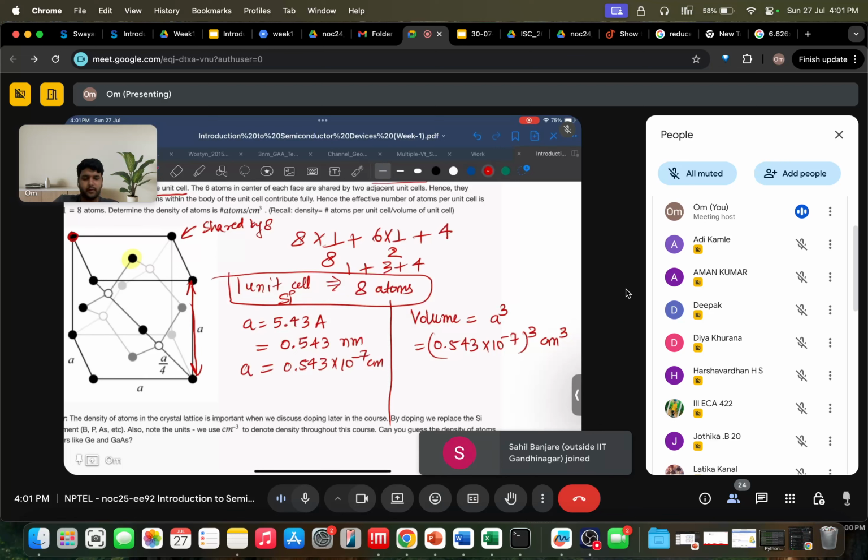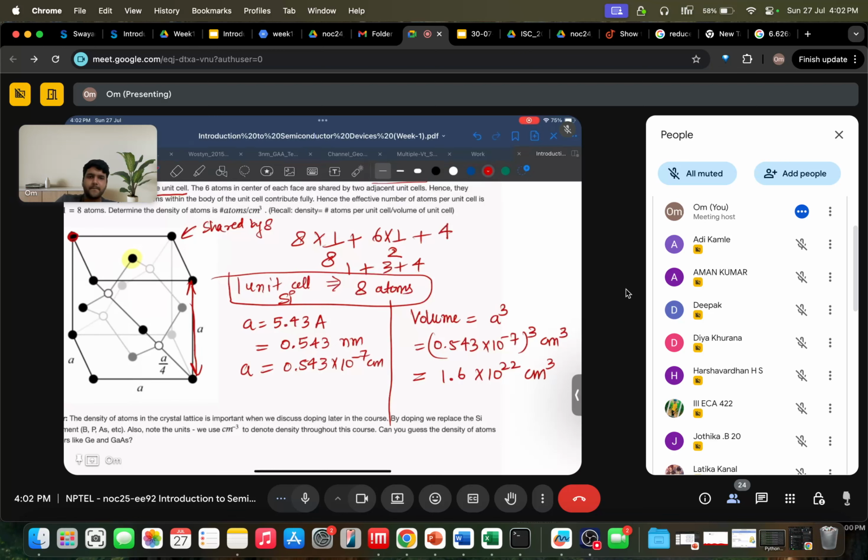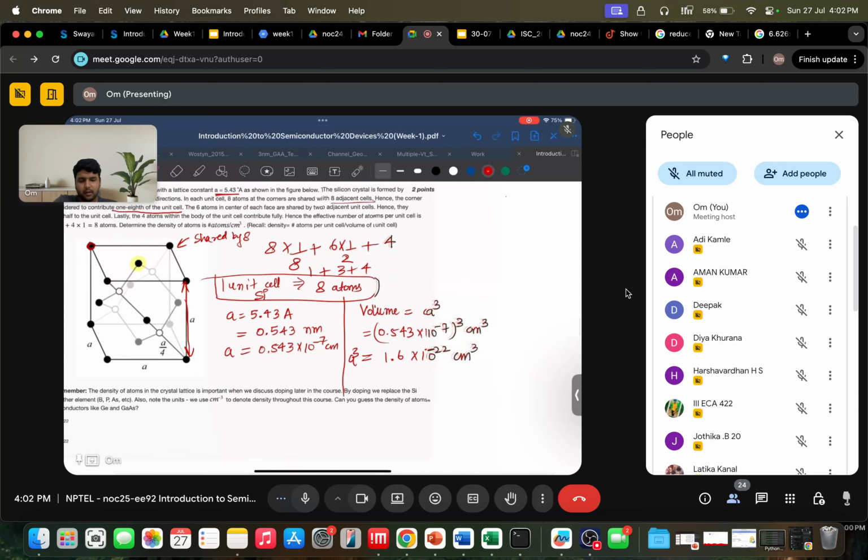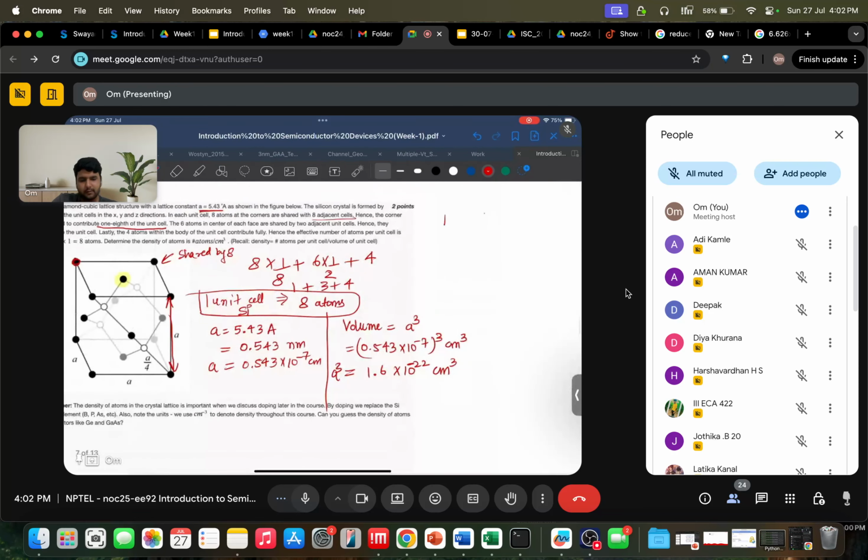And when we do this math, we get 1.6 into 10 to the power minus 22 centimeter cube. This is the volume of one unit cell, A cube. So what will be the density? The number of atoms upon volume.